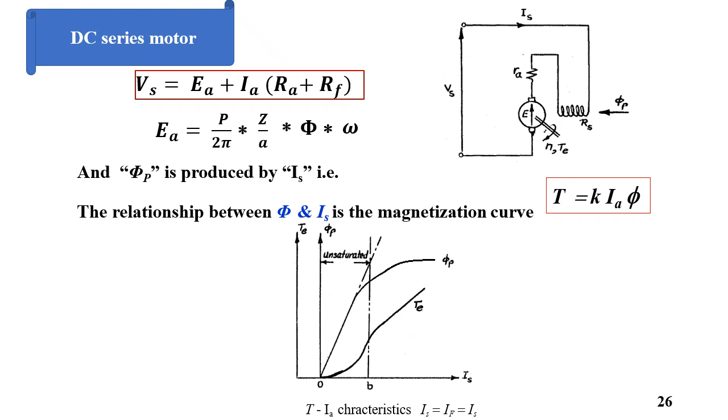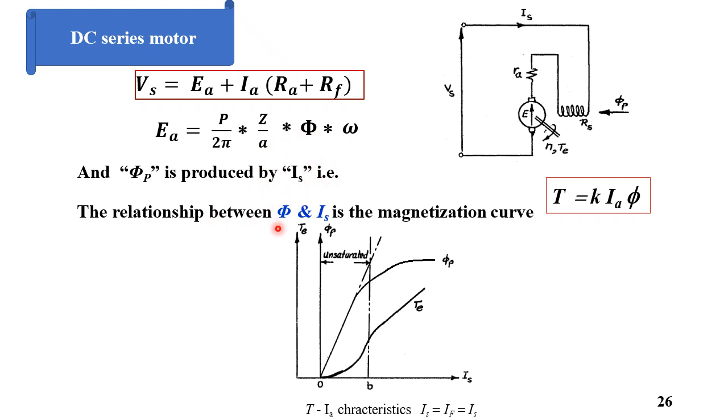The second one is the DC series motor. For the DC series motor, we have V supply or V terminal equals EA plus the drop across the armature resistance and field resistance RA plus RF, where EA equals K times phi times omega, where K equals P times Z divided by 2 pi A. Phi is the flux per pole which is produced by the supply current, IS.